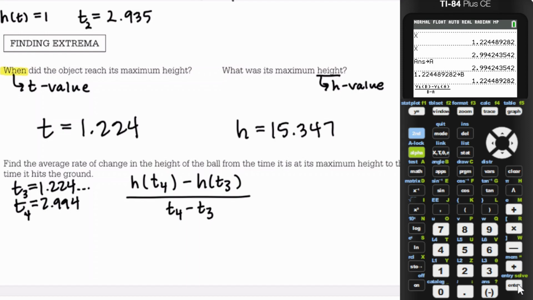It's surprising how much faster it is with a handheld model. And then I get negative 8.672, or 671 if you like. All right, and so the average rate of change in the height of the ball would be negative, right? It's going down, the height is decreasing, so we would expect to see a negative average rate of change.